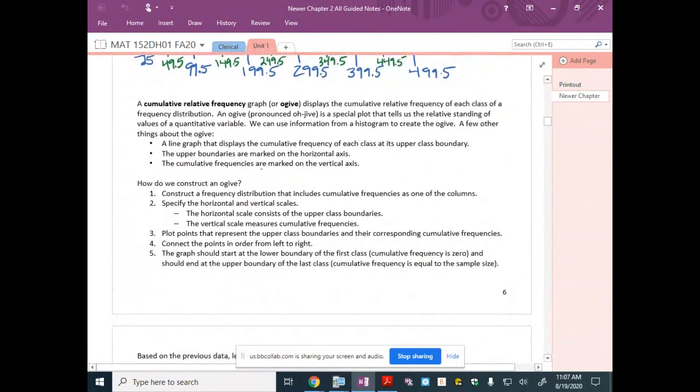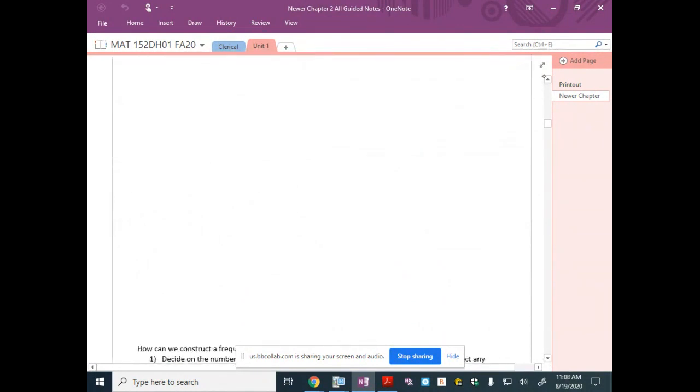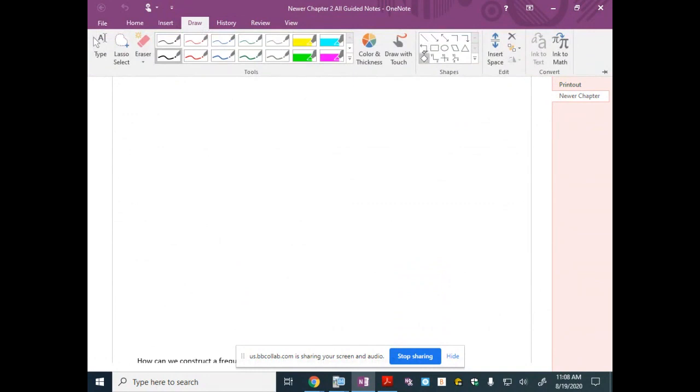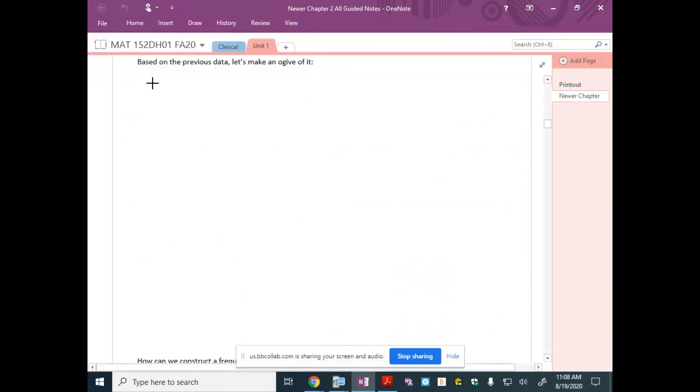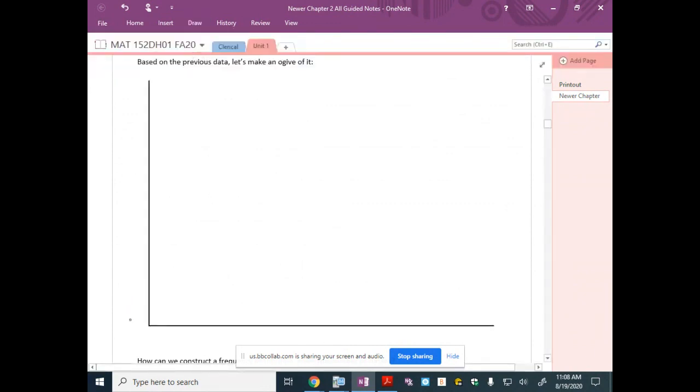So the frequency distribution will be the cumulative frequencies. So let's make an ogive of that previous data. Now this time, the frequencies are going to go from 0 to 50. So we'll go in increments of 10.